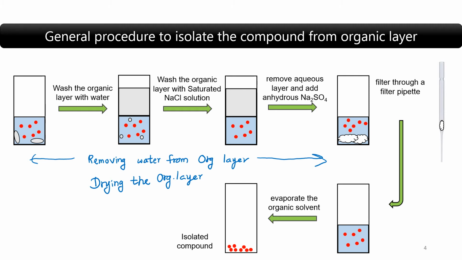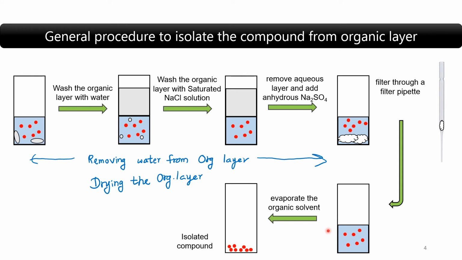After this organic layer is fully dried of water, that is, all the water has been eliminated, then we can filter it through a filter pipette and collect it in a fresh vial. The reason we filter it is to avoid any of these solid particles moving along with it. Once we have the organic layer filtered, then we're going to evaporate the organic solvent.